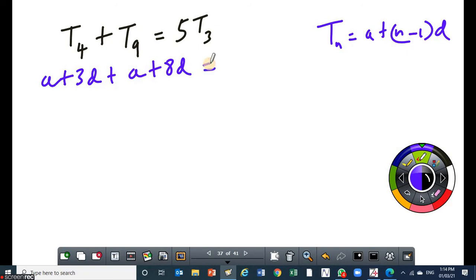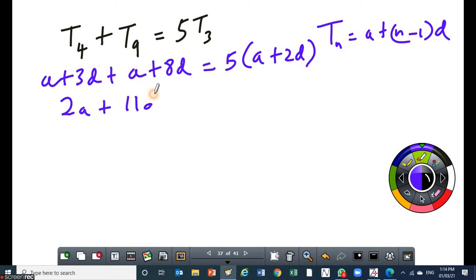The right hand side, T3, is going to be a plus 2d. But there's a 5 here, so that will be 5 times a plus 2d. To simplify this, we get 2a plus 11d is equal to 5a plus 10d.